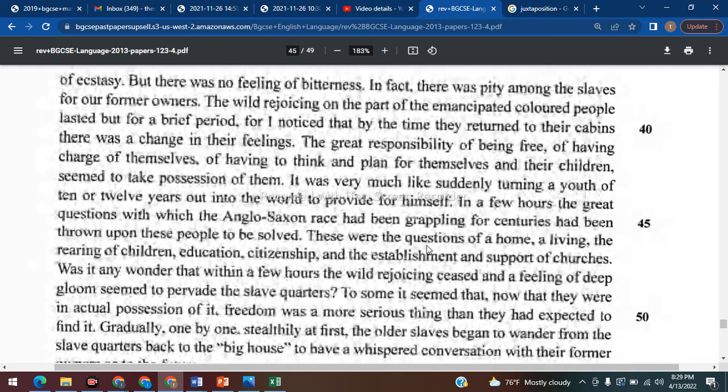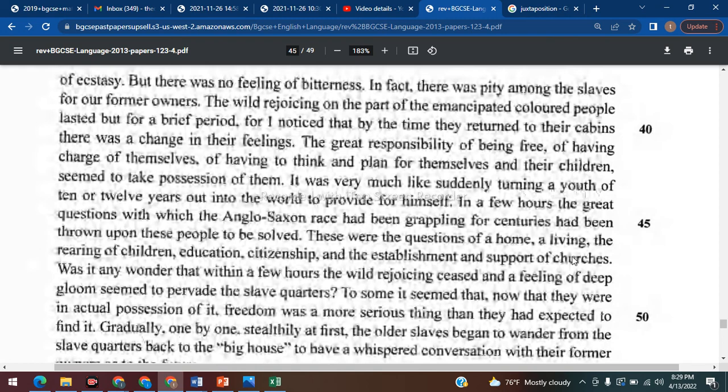So these were questions of a home, a living, the rearing of children, education, citizenship, and the establishment and support of churches. And so the imagery is very clear, that of someone's mind, and you giving them problem after problem after problem. You could see what's happening here. They're getting perplexed, right? That's the imagery that the author really wanted to show.